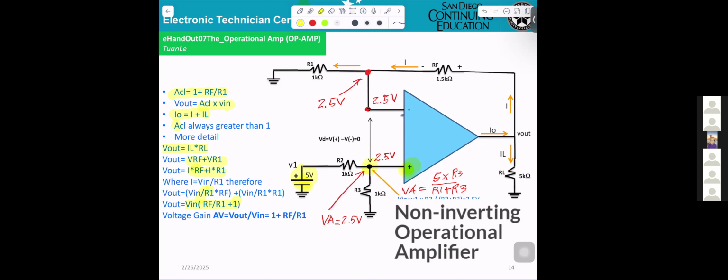ACL equals 1 plus RF divided by R1. And V out will be equal to the gain times V in.